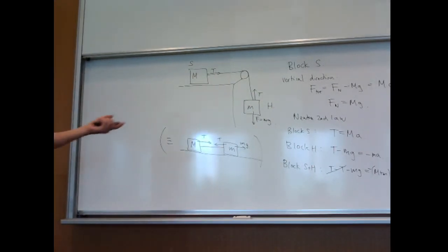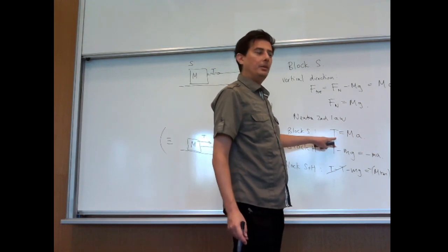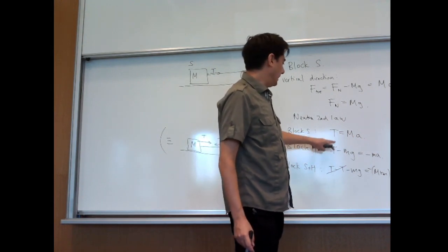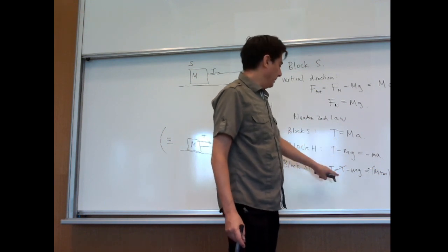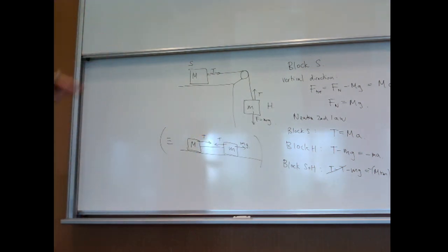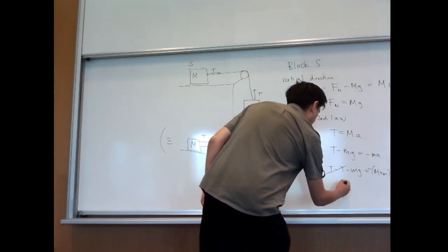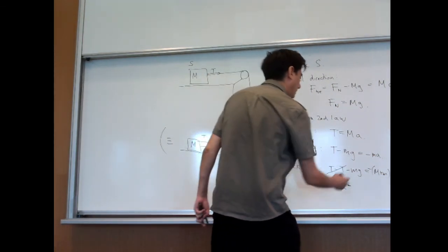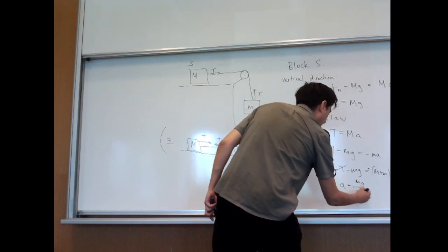Because for block S, we don't know the acceleration, that's what we're trying to work out. Tension, we're not given. So we can't really solve that equation either. But this one we can solve because we are given the masses of the two objects, and so you just have to rearrange this for A, so it's going to be mg over big M plus m.